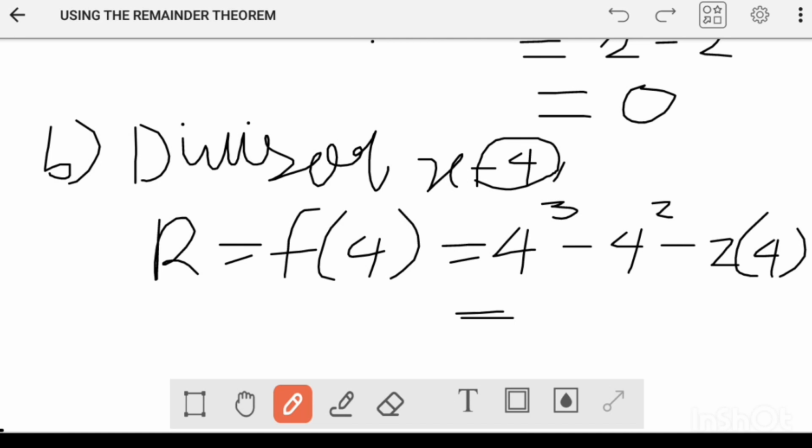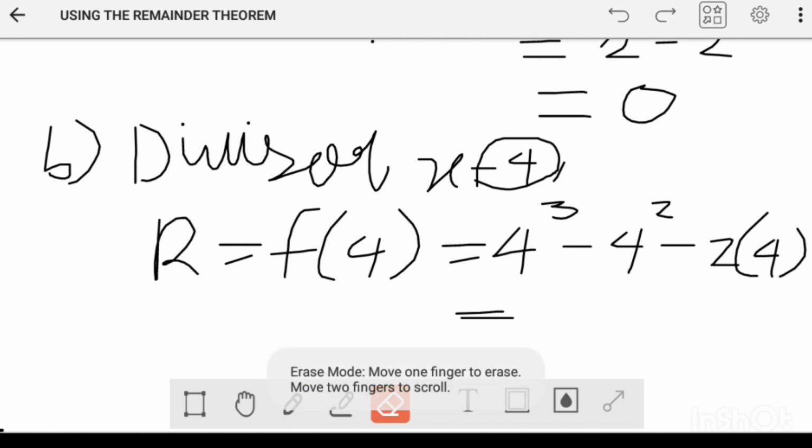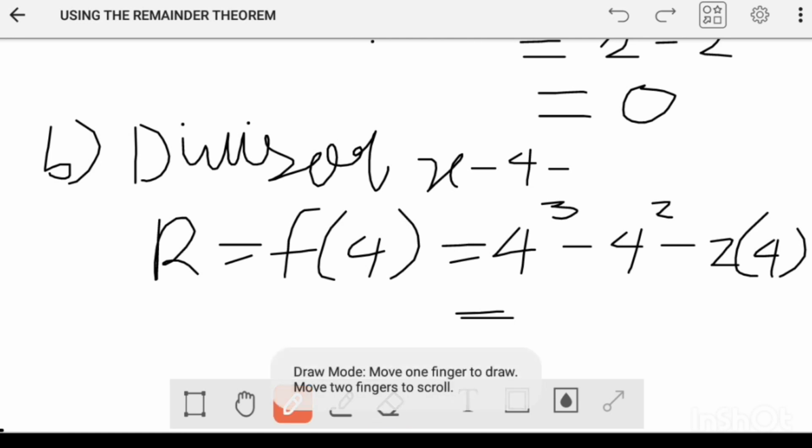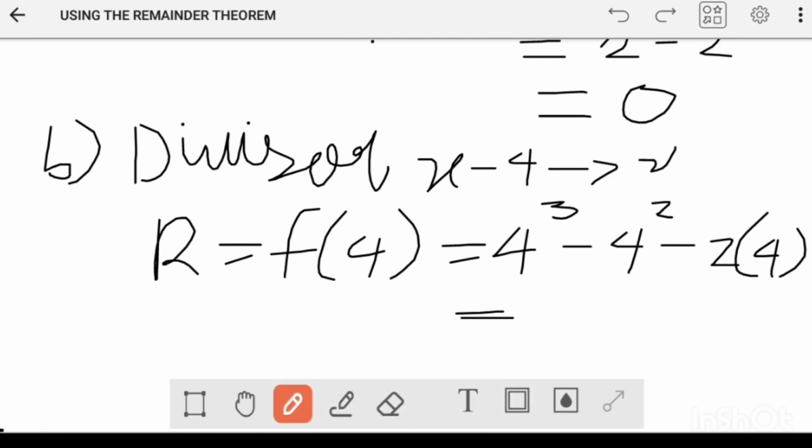If it is plus 4, your function will be minus 4. So this is how you do whenever you solve. It's just like when you have x minus 4 equals 0, then x equals 4. So that is how we got f of 4.